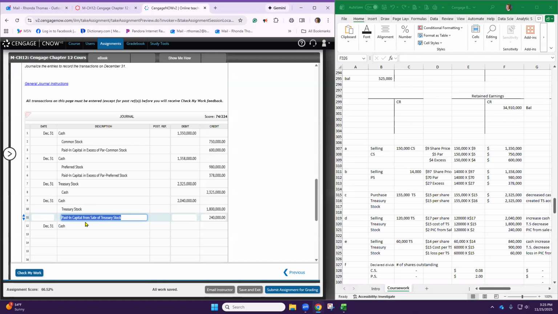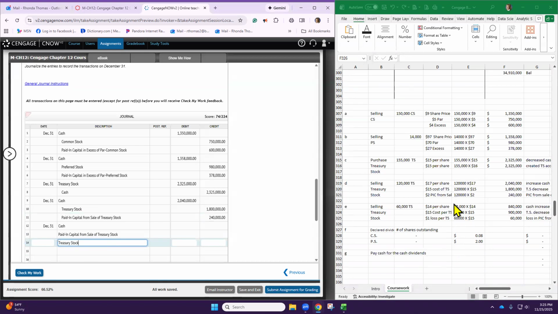It's going to be next because we need to make that paid in capital from sale of treasury stock go down. So then the last one is treasury stock. I'm going to put 35,000 because that's all we have left. We had 155,000. If you subtract 120,000, you only have 35,000 shares left.